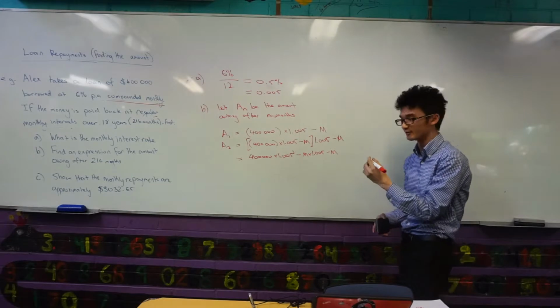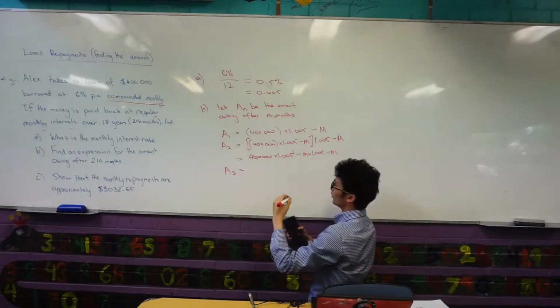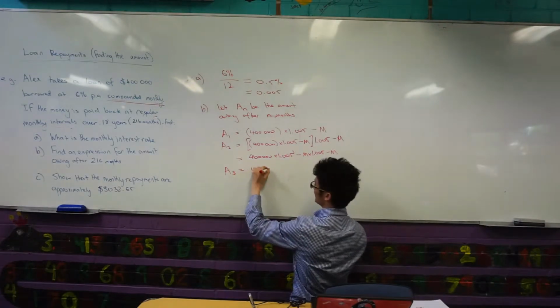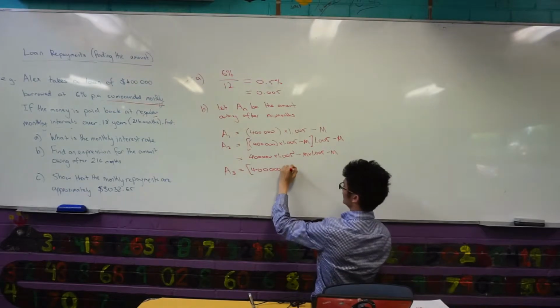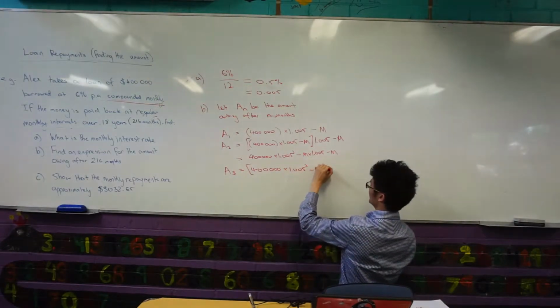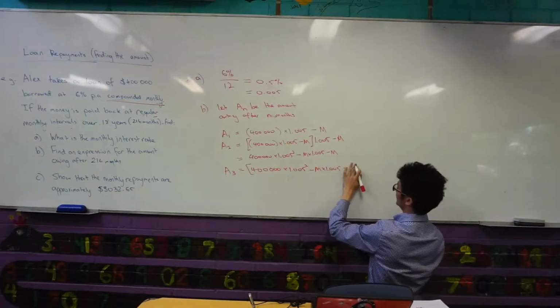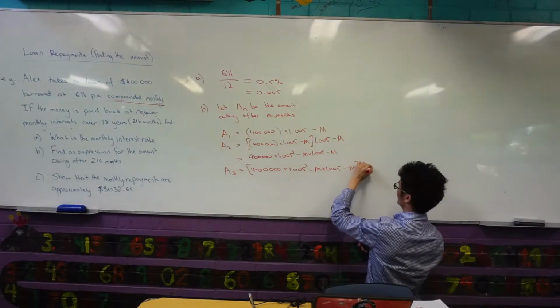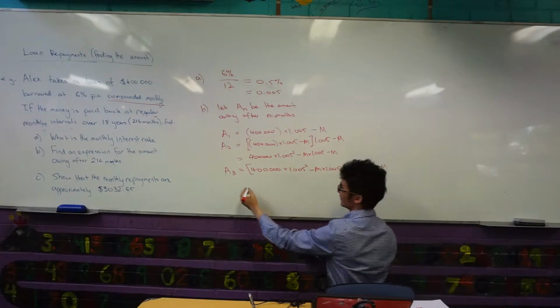I can start to see the pattern emerging, but I just want to do one more term so I can see really clearly what my series is going to look like. So I've got 400,000 times 1.005 squared, minus M times 1.005, minus M, all multiplied by 1.005, and then another monthly payment that I'm making, so I'm subtracting that M value.